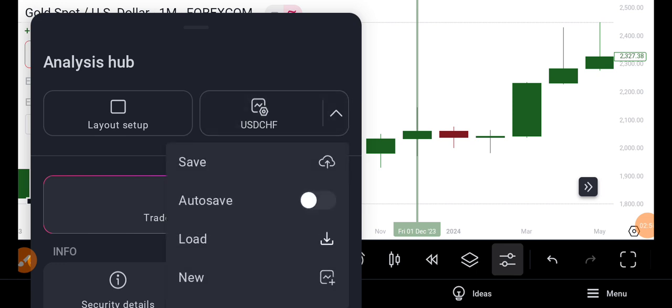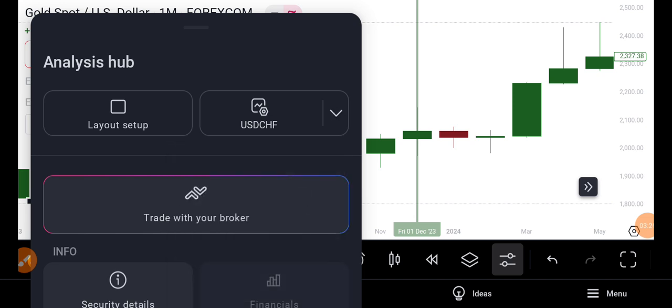But on the PC, it should be on the right. You will see it'll say save in blue, and you can just select save, and then it'll save your work. But over here, you can either choose auto save on your mobile, or you can just save it.